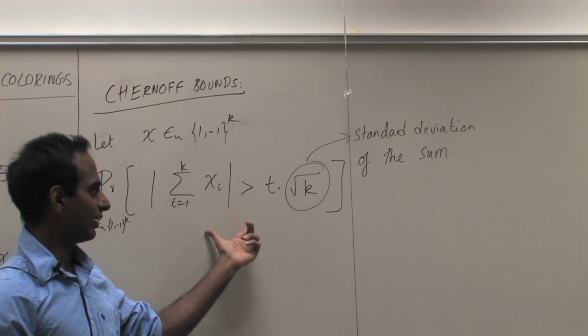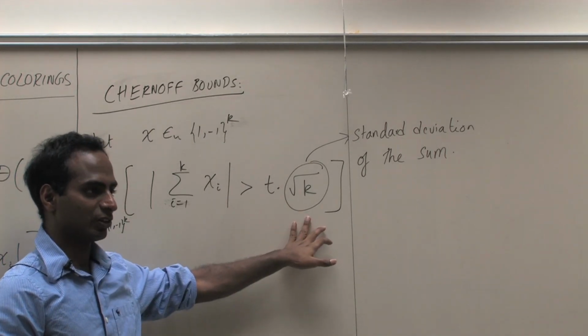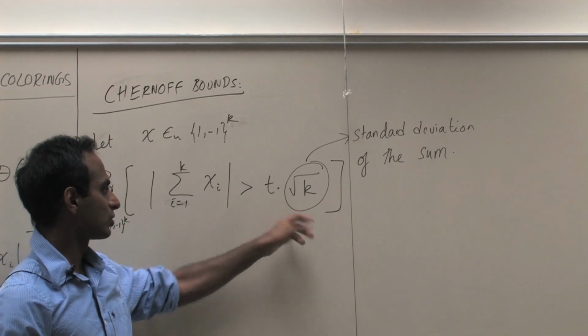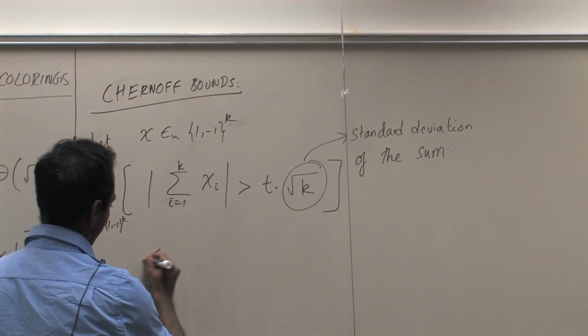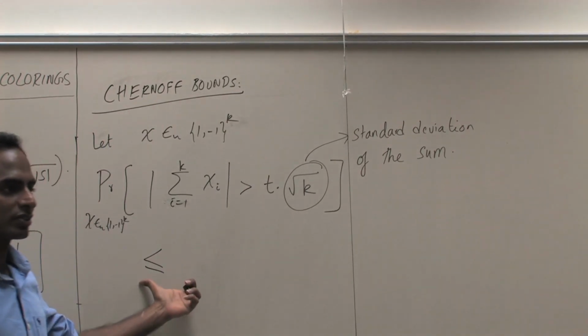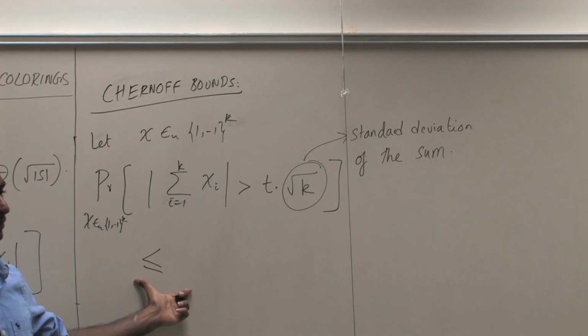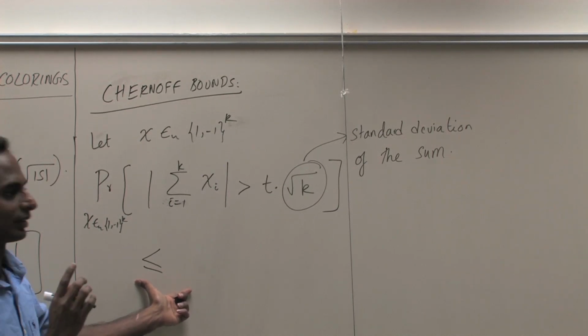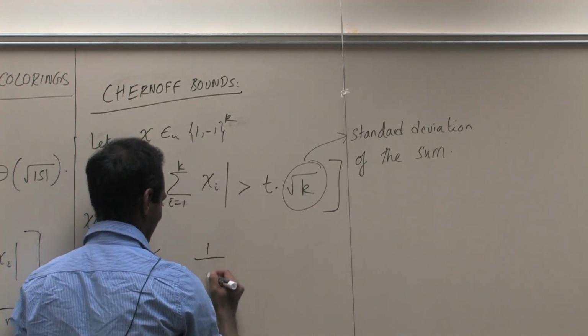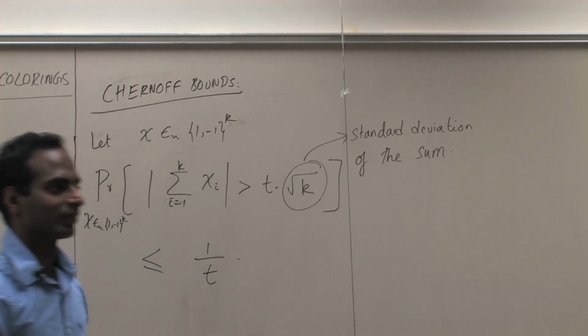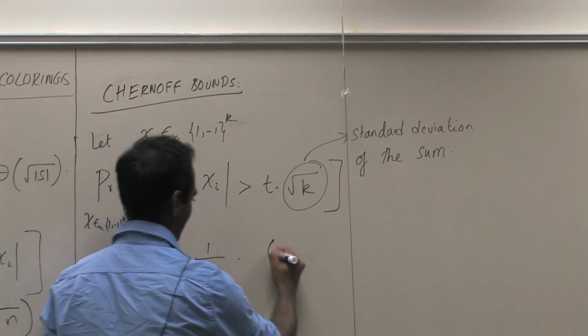I know that the expectation is about root of k, is theta of root of k, and if I use Markov's inequality, I get that the probability is at most 1 over t. Okay, this is by Markov's inequality.